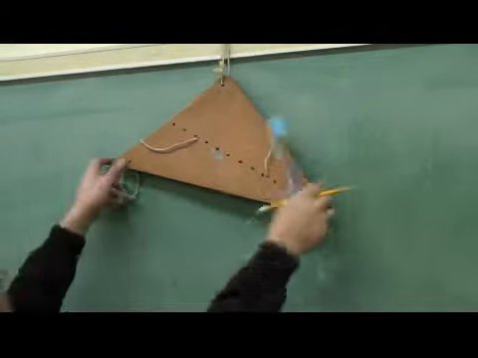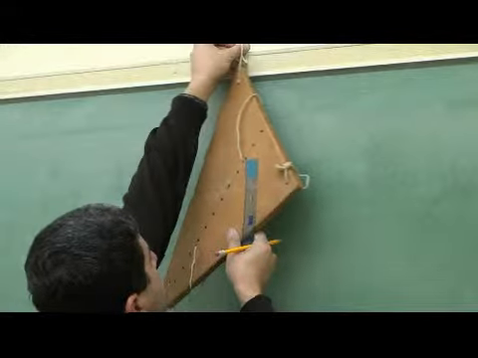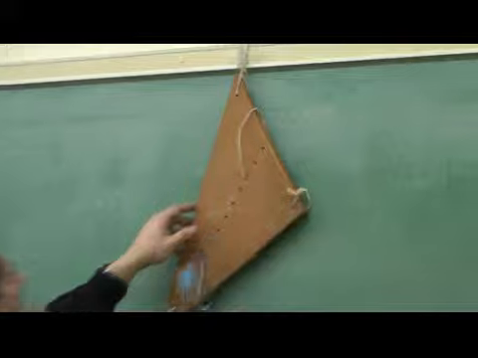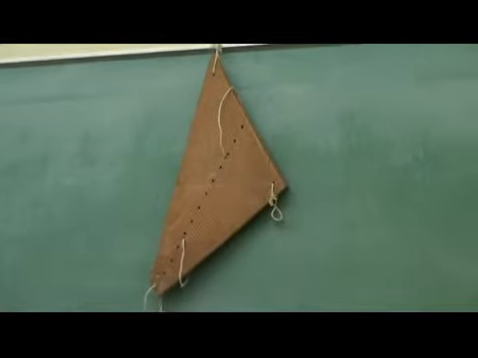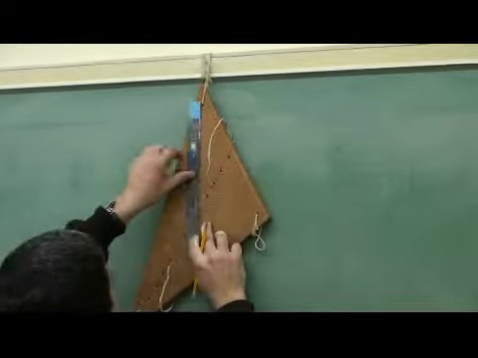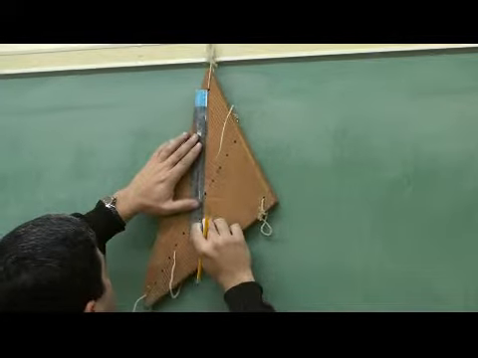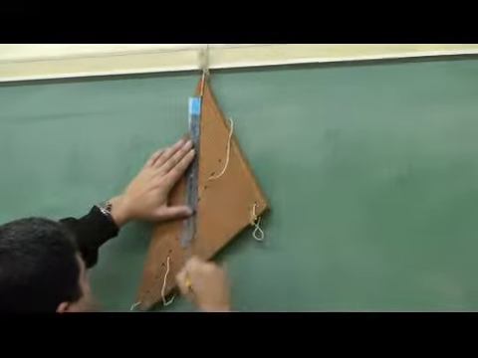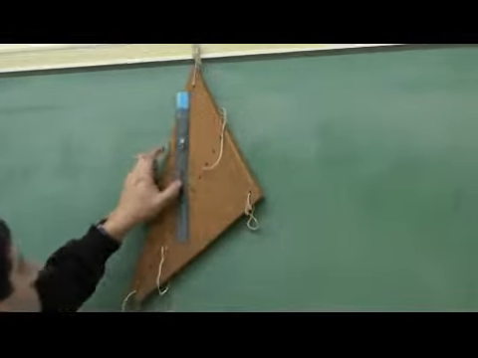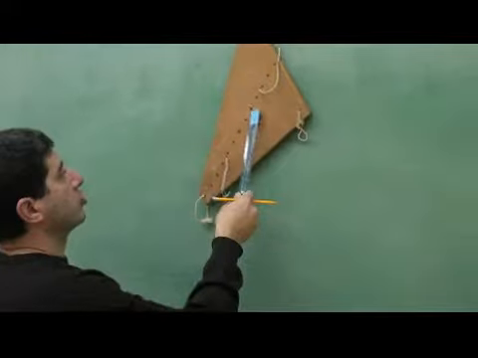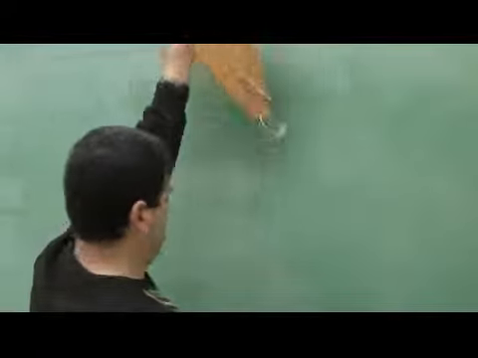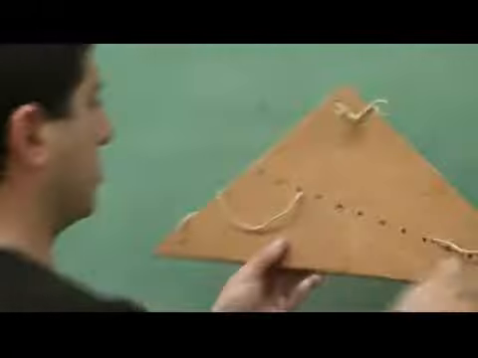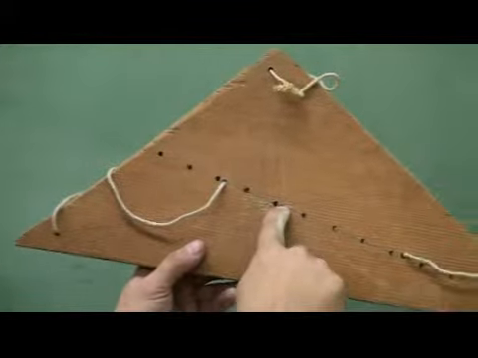Okay, then I'm going to hang it from an arbitrary third location. As long as you have 3 locations, it should work. And so now you're going to go like that. You could also do 4 lines, 5 lines, 6 lines. They should all go through the same point. So right now, we found out that the center of mass is right there.